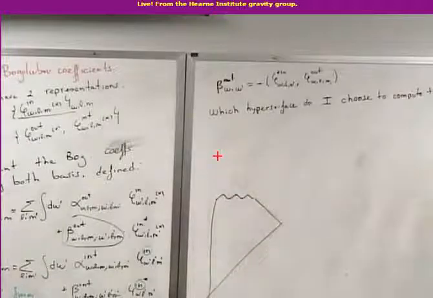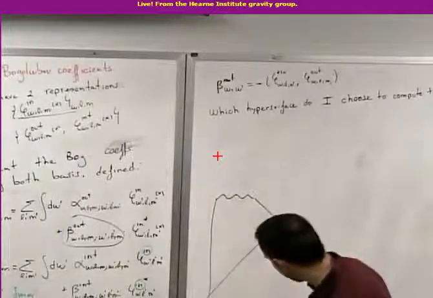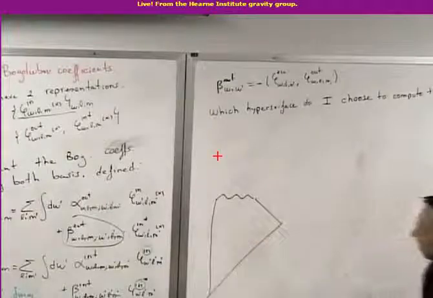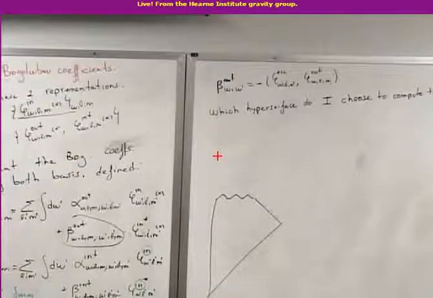You can take any Cauchy hypersurface you want: scri minus, scri plus with the horizon, or any other one. Which one? We choose scri minus. Why?